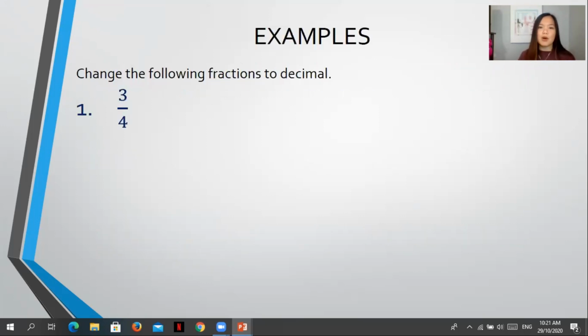So let's have examples. First one is 3/4. Let's change 3/4 into decimal. Okay, so 3 divided by 4. Yung nasa numerator, siya yung nasa loob. Yung denominator, siya yung divisor. So, 3 divided by 4 cannot be.